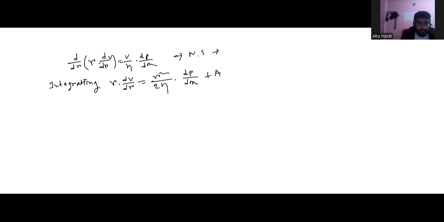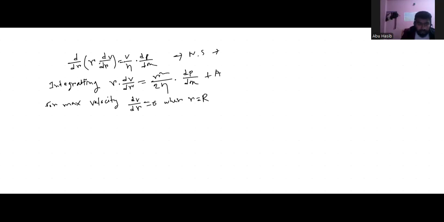So for maximum velocity, we know that dv/dr is equal to 0, where r is equal to the maximum r.